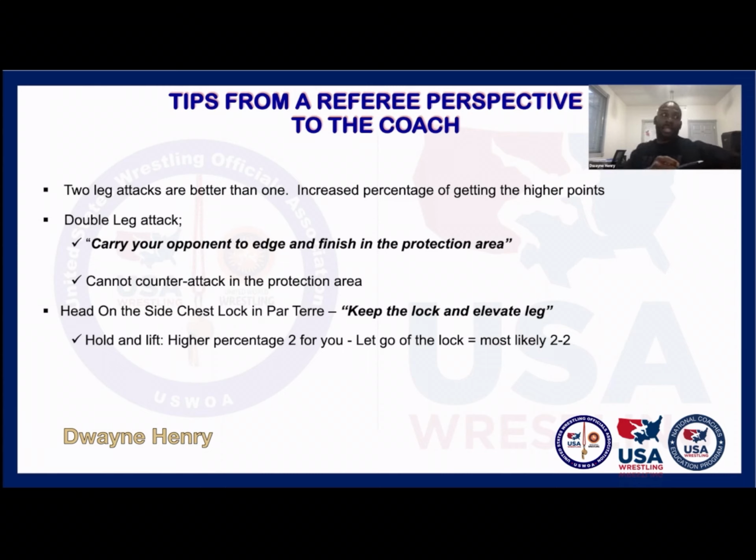In the protection area, that would be just 4 points only, headlock scoring only, right? So in a freestyle situation, a double leg, running towards the out of bounds, or lifting and running and trying to finish out of bounds will help you with that offensive situation, with just your attack scoring and no counterattack option happening against you, right?